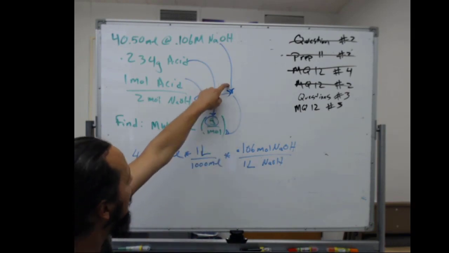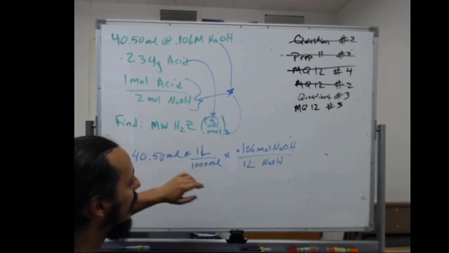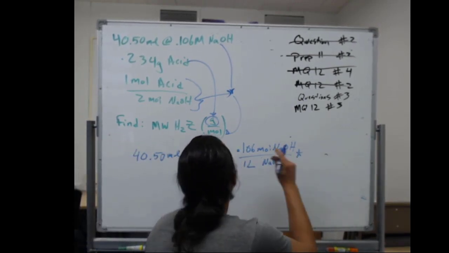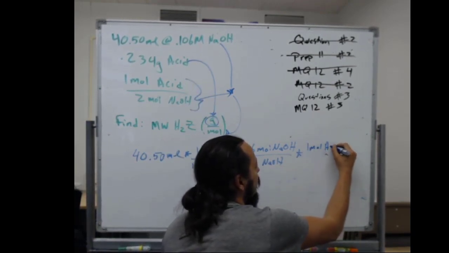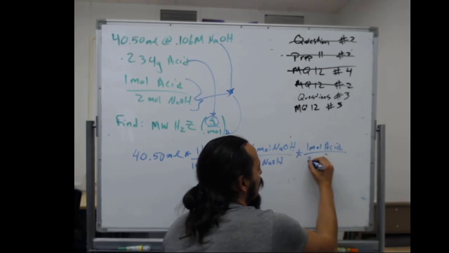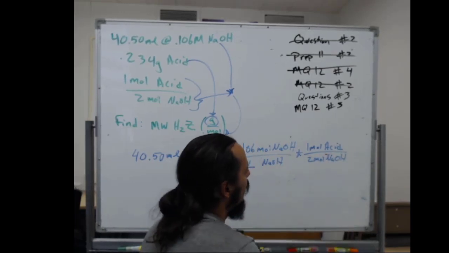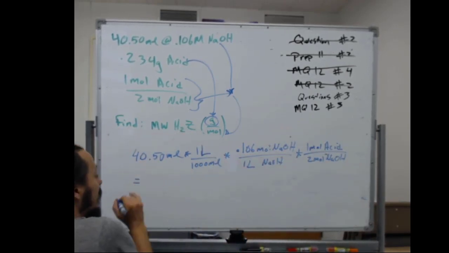This will get us to here, where the liters of NaOH cancel out, the milliliters cancel out, and this will be moles of NaOH. I can then use my mole ratio right now: 1 mole of acid for every 2 moles NaOH. Now my moles of NaOH cancel out, and this will just give me my moles of acid.